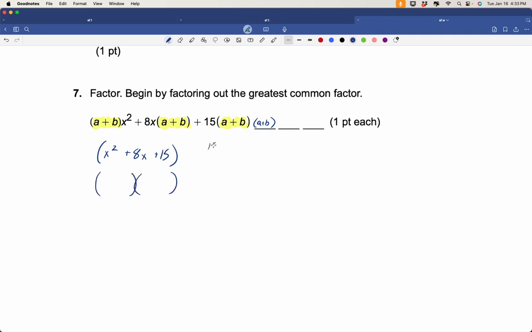We're looking for what gives us a positive 15, but also equals positive 8. And the answer to that is going to be a positive 3, positive 5, because there's not any other factors of 15, besides 15 and 1. So it has to be those two. Not 8 plus 3, I'm sorry, x plus 3, x plus 5. So those would be your factors here, x plus 3, x plus 5.